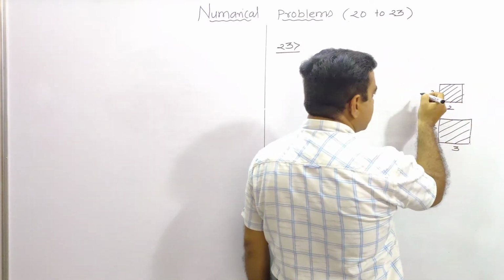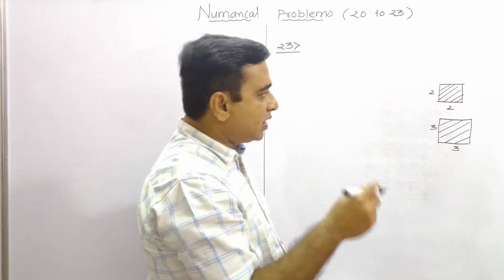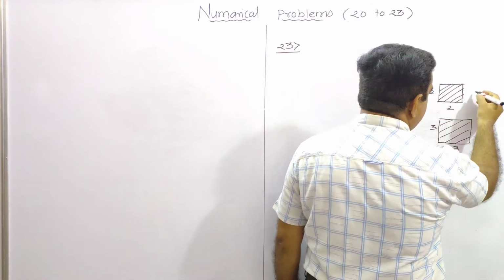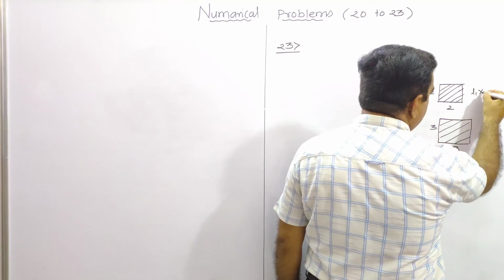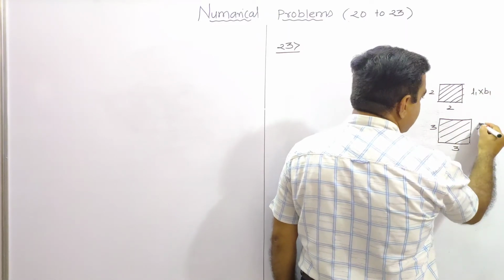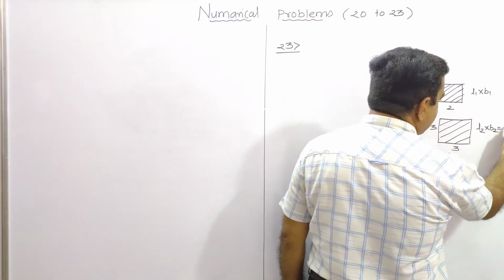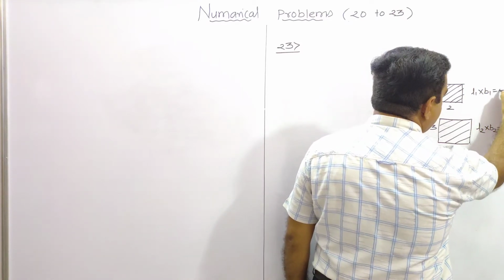So this one is length into breadth. The area of this one is L1 into breadth 1 and this is L2 into breadth 2. This is A2 we say. This is your A1.